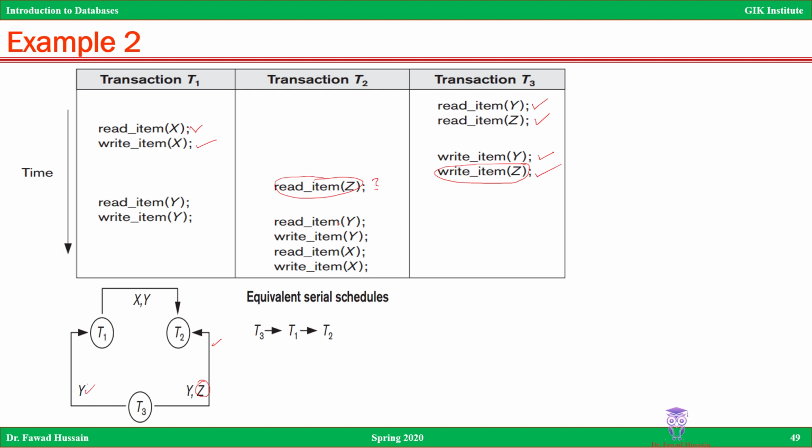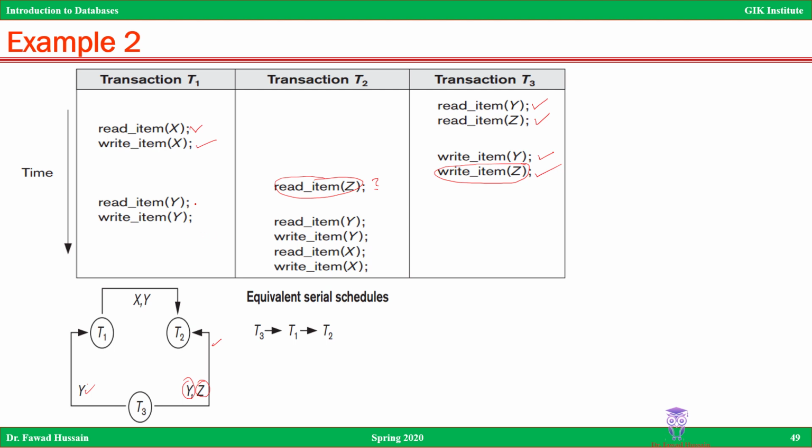So read Y and then write Y. Already there was a write Y over here. So it's the same line. Instead of drawing another line, you just add that this dependency is coming not only from Z but also from Y. So there are two cases which are causing this same line, T3, to have a precedence over T2.